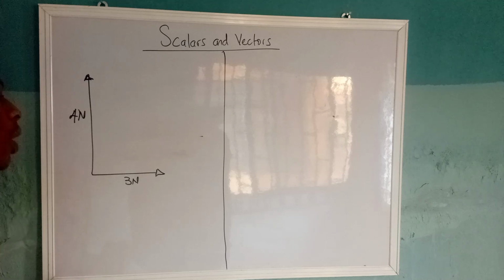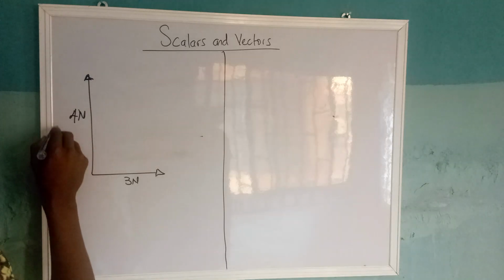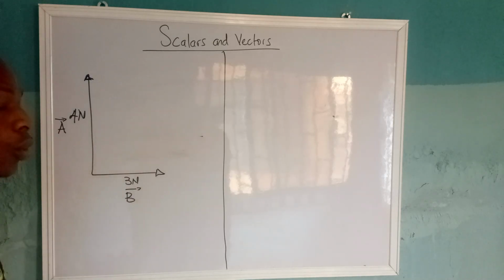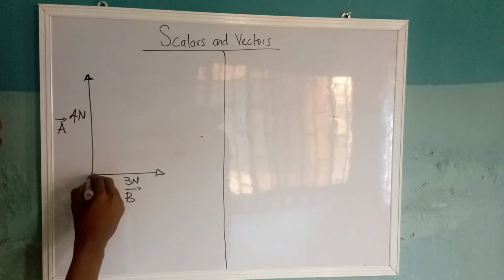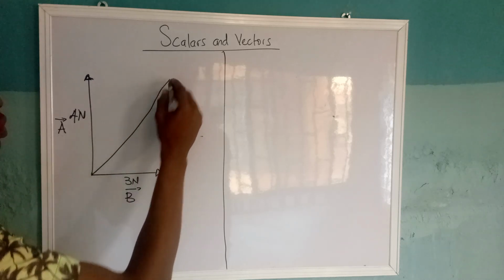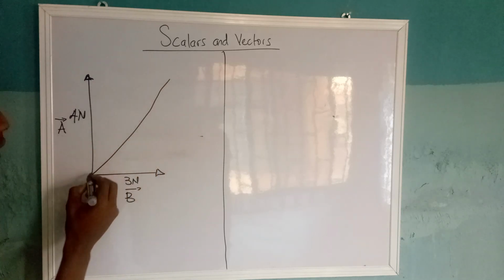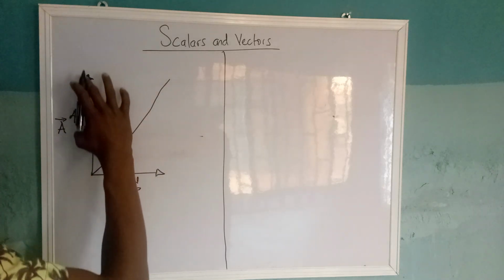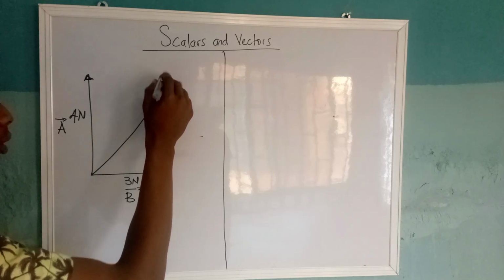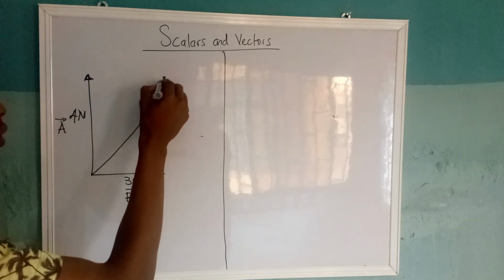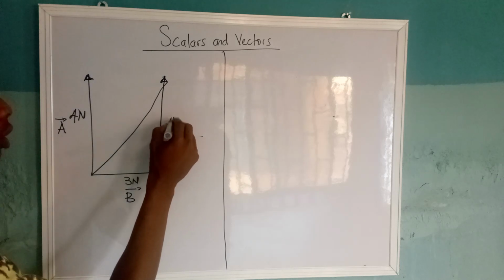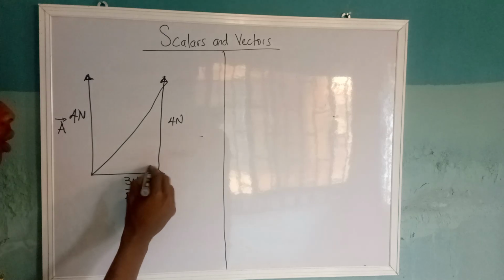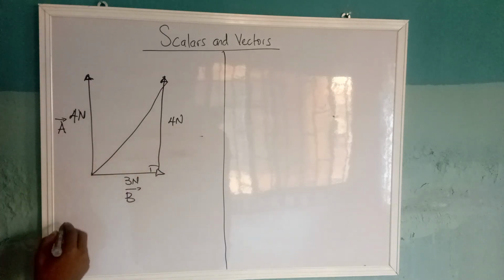So let's say this is vector A and this is vector B. Normally we draw the resultant as the line that comes out from the common point, and then we can move this first vector this way, so we have our vector 4 Newton still here, and then this 3 Newton force. So here we have a triangle.